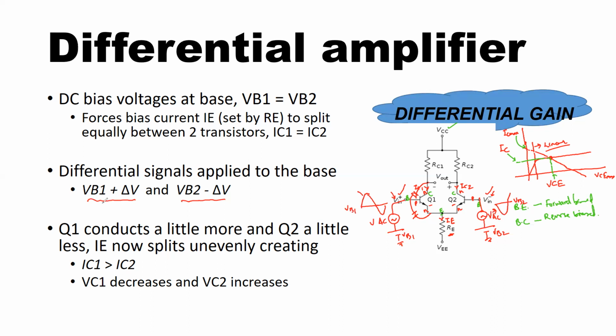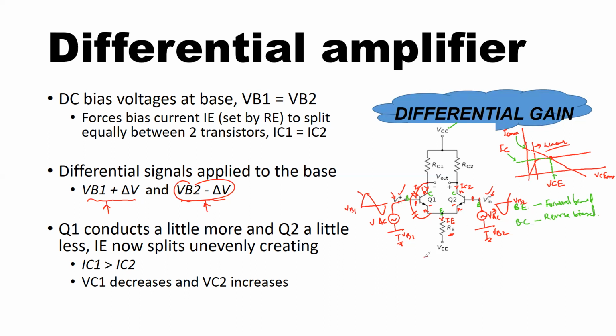Now because of these voltage levels, Q1 conducts a little more, because the base voltage increment raises the base current, and therefore raises the collector current. For Q2, the base voltage decreases by the amount VB2 minus delta V. That makes Q2 less conducting, so the base current will be less and the collector current will be less.